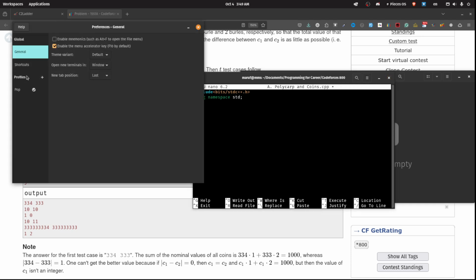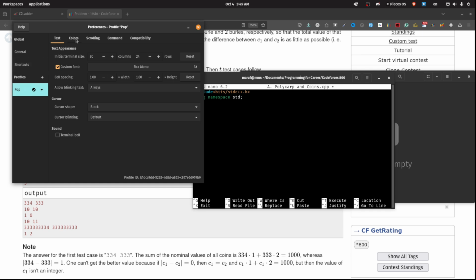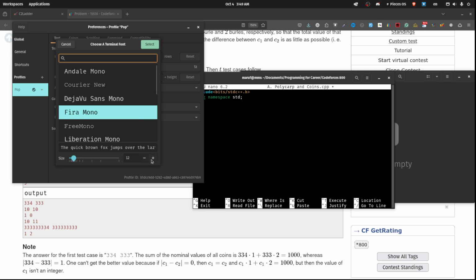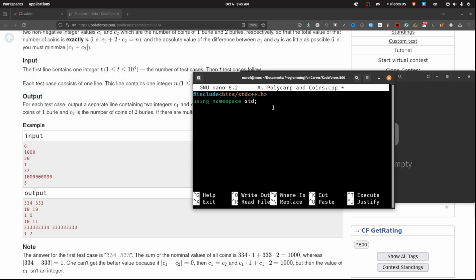Preferences. What is the font size? Font size is 12, so I have to increase it to 16. Okay, that's fine.